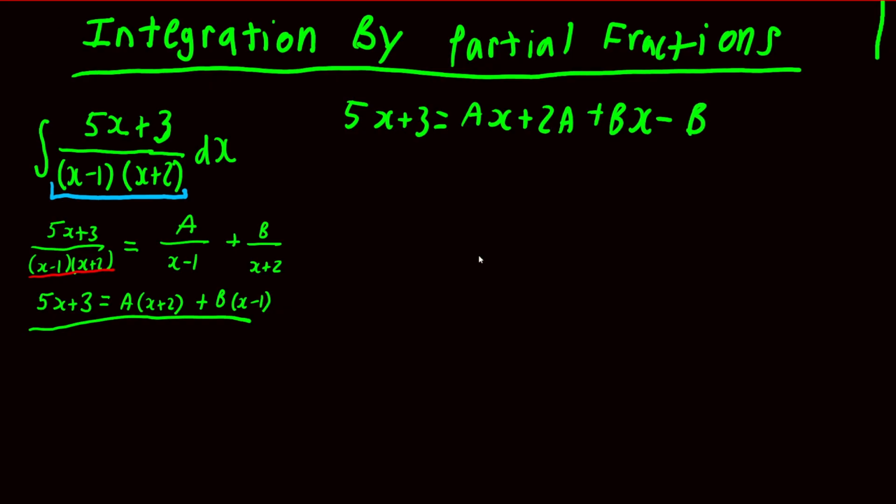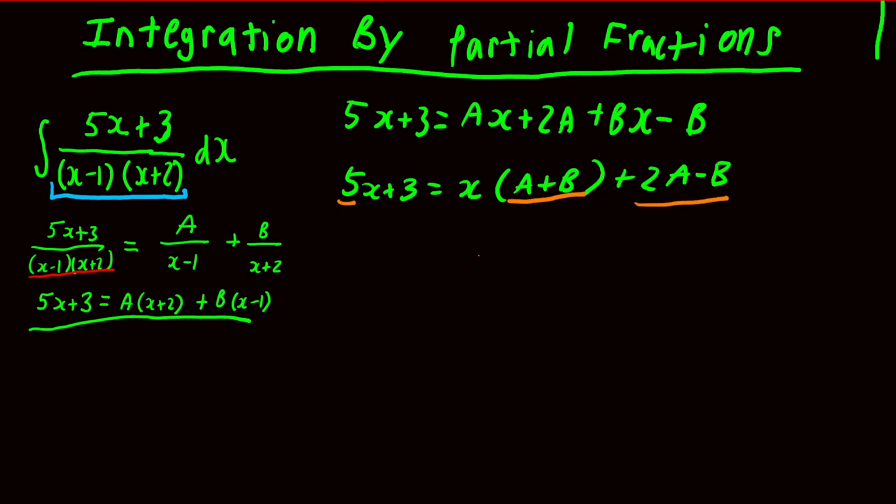So now we're just going to group the x's and the constants. So it's going to be 5x plus 3 equals x times (A plus B), plus (2A minus B). Now we can do a little matching. Obviously A plus B has to equal 5, because that's the coefficient of the x term.